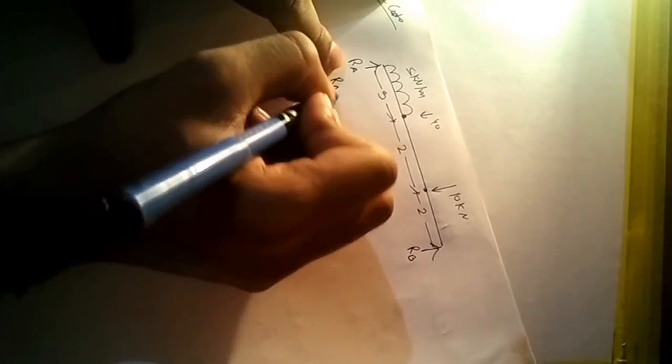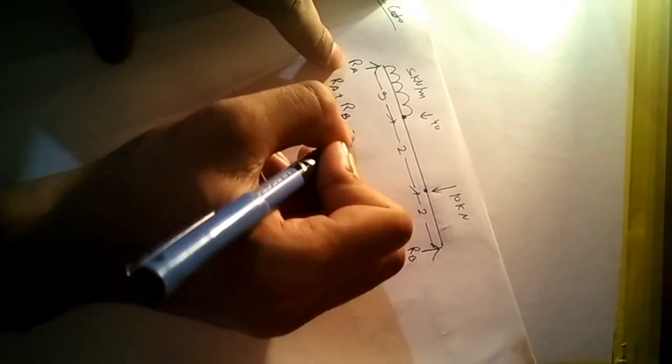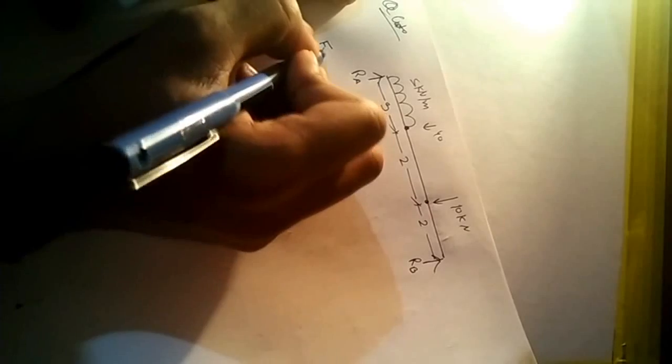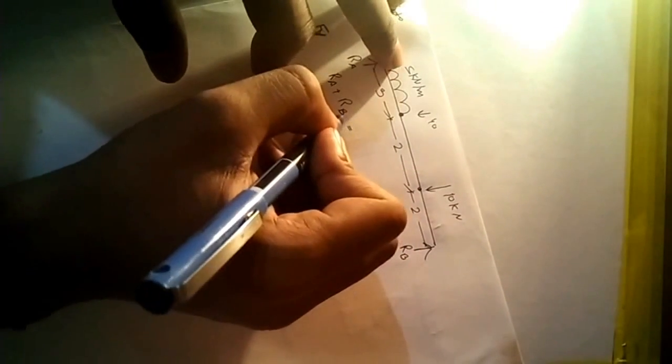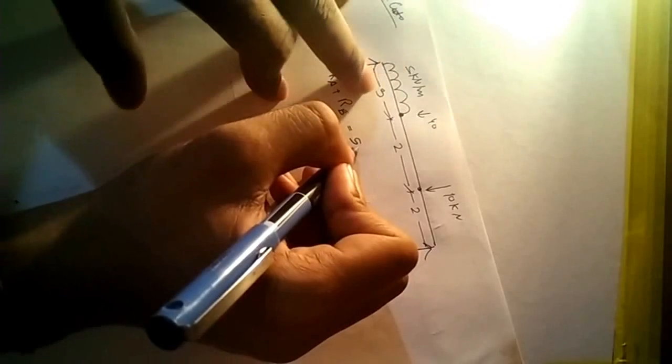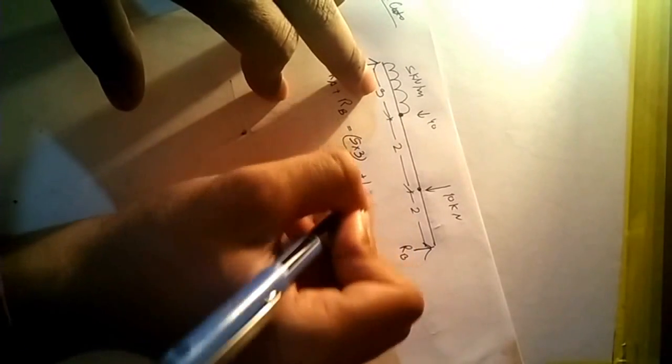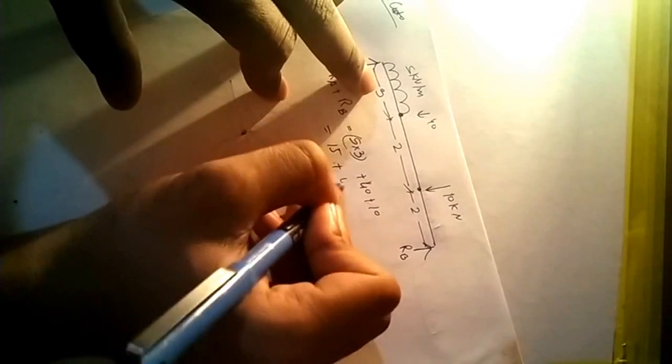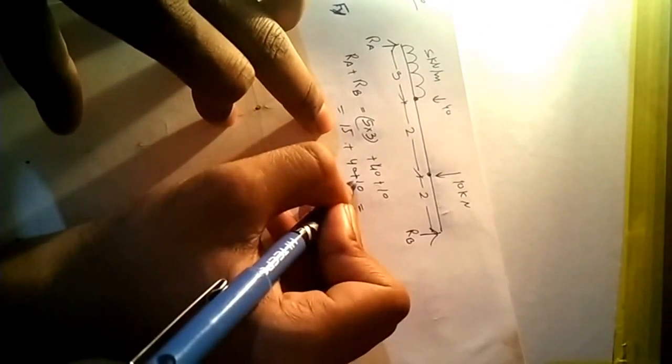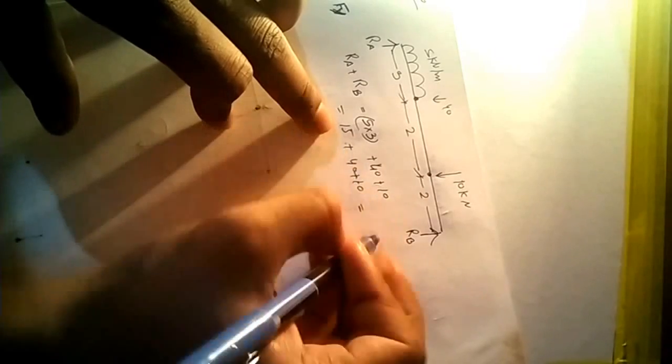So RA plus RB equals the sum of all forces in the y direction: 5 into 3 plus 40 plus 10, 15 plus 40 plus 10, will be 65 kilonewton.